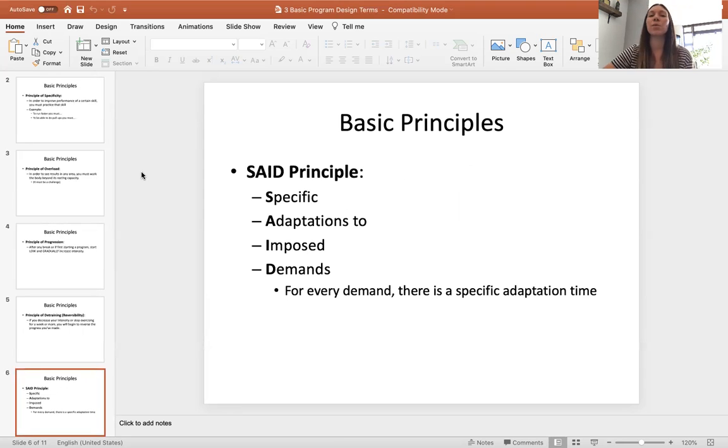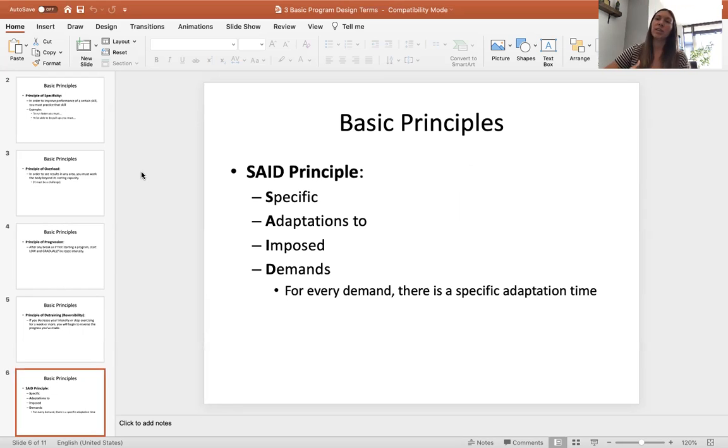Okay, so the SAID principle, okay, this is going to be a big one, okay? So the SAID principle, you're going to look at the acronym. What it means is specific adaptations to imposed demands, okay? For every demand, there's a specific adaptation time, okay?